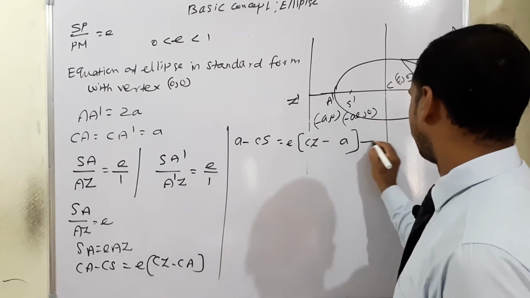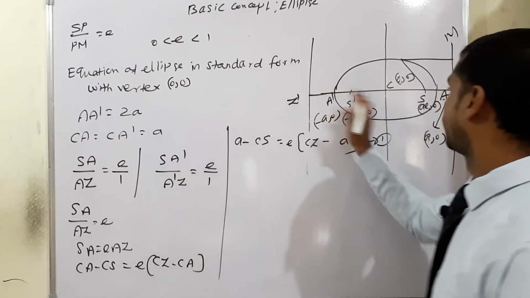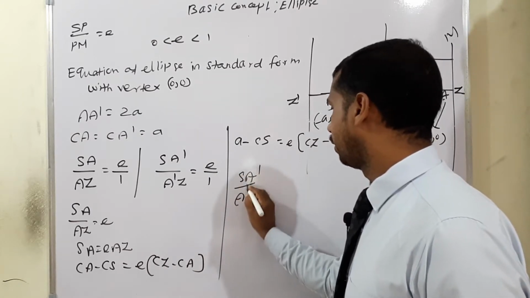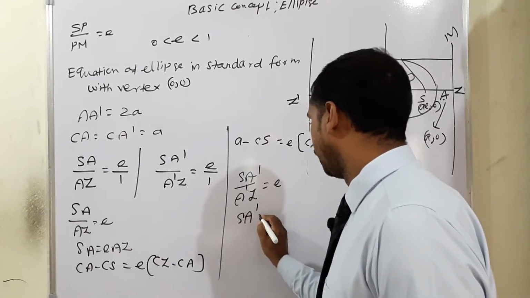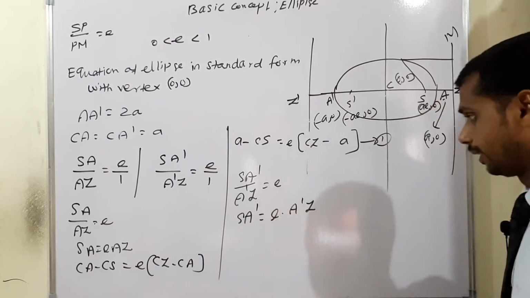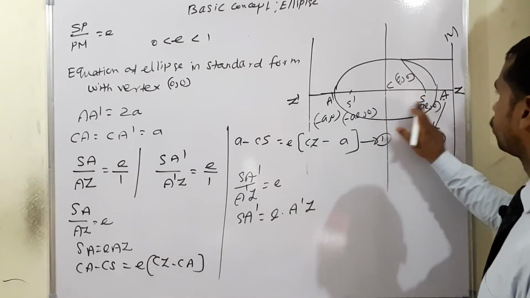This is considered equation number 1. The second term SA dash, that is the externally opposite side: SA dash divided by A dash Z dash is equal to e, again cross multiply, SA dash is equal to e into A dash Z dash. Now outside, SA dash means S to A dash.